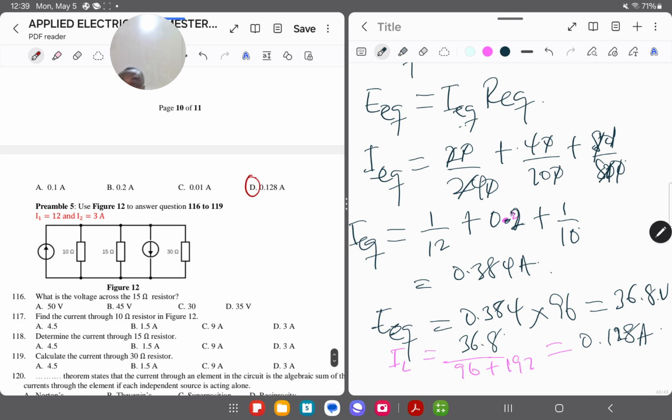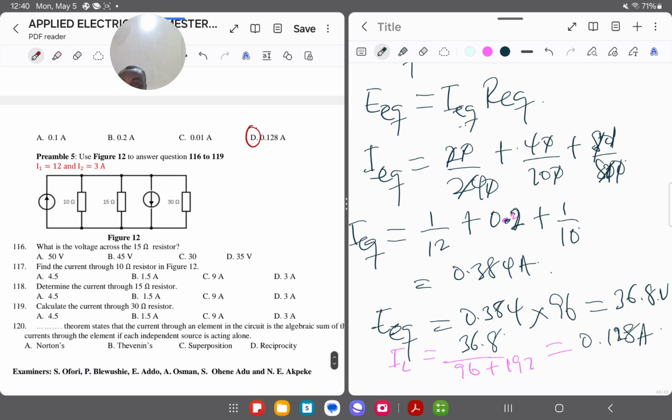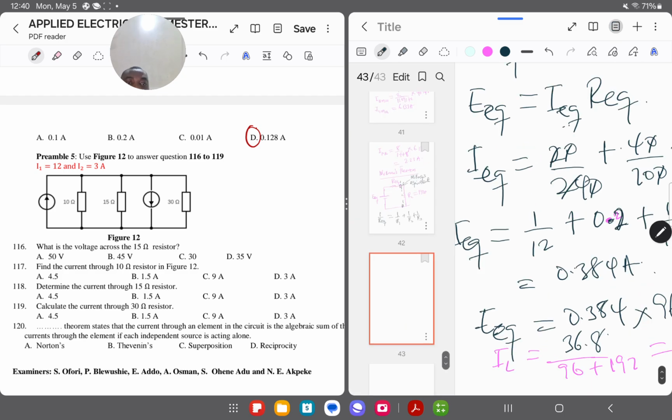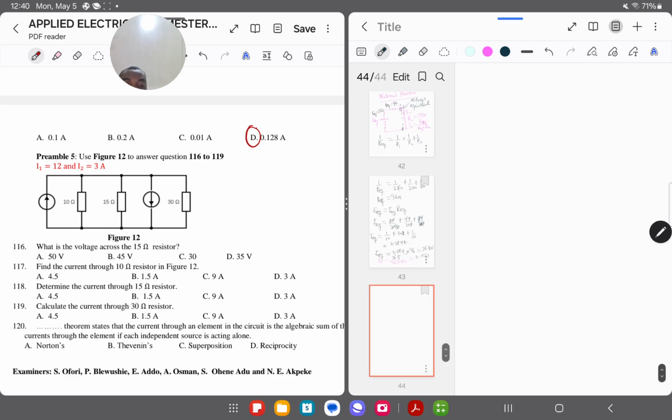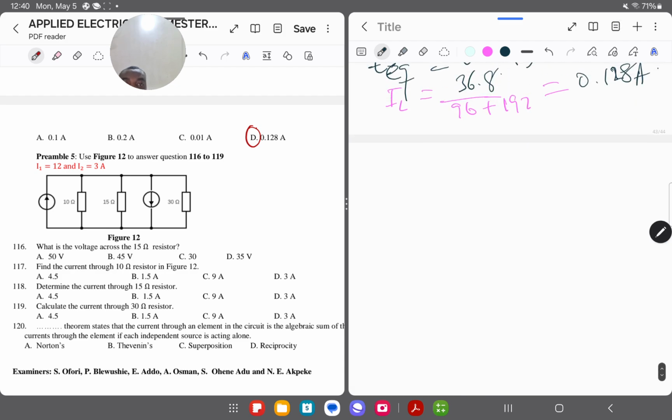Now question, another preamble, right? Preamble 5. Use figure 12 to answer questions 116 to 119. With this question we are given another figure, figure 12.